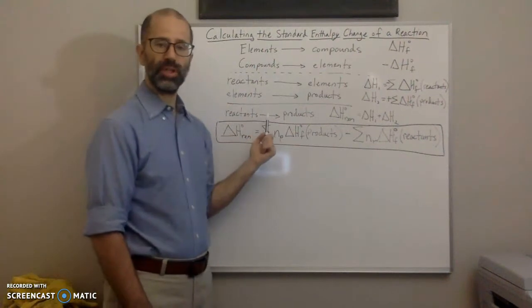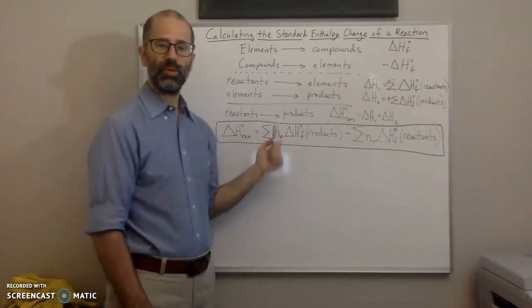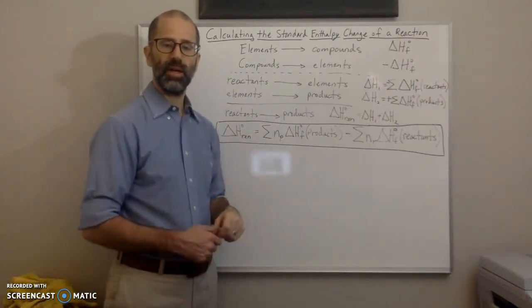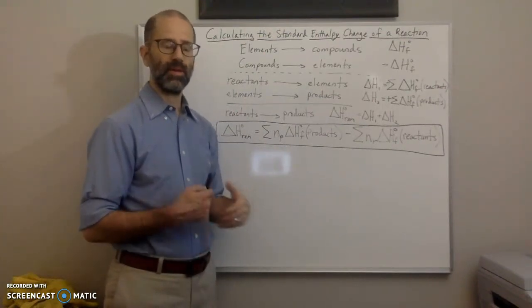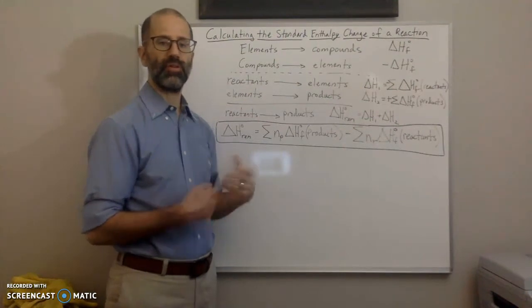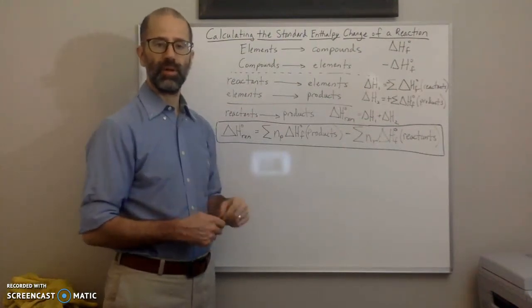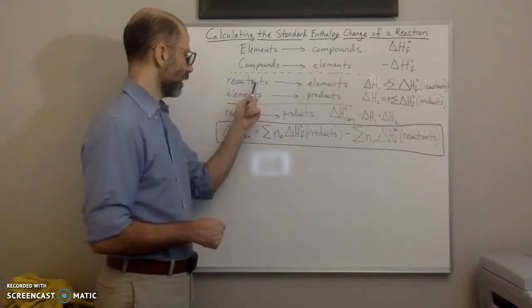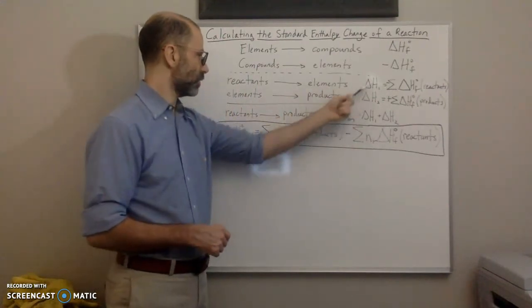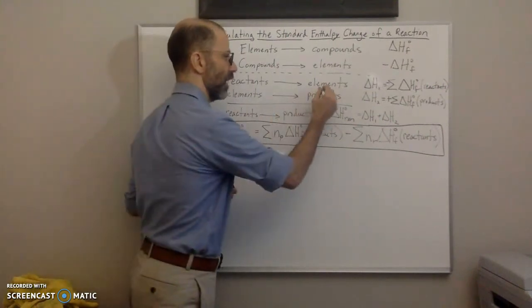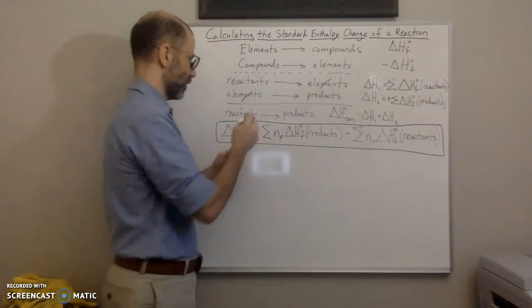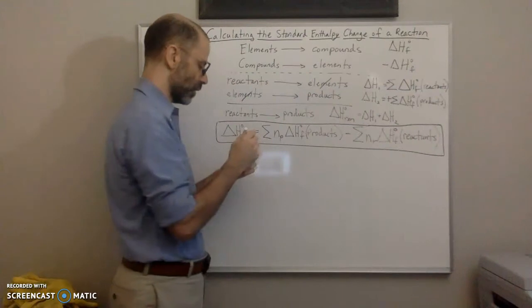We're just using the relationships we learned with regard to the enthalpies of formation, and adding them together, and then the elements are going to cancel out, and you get reactants going to products.